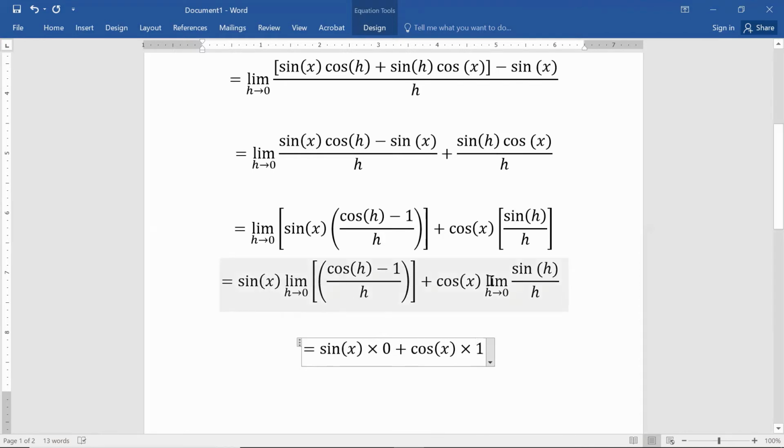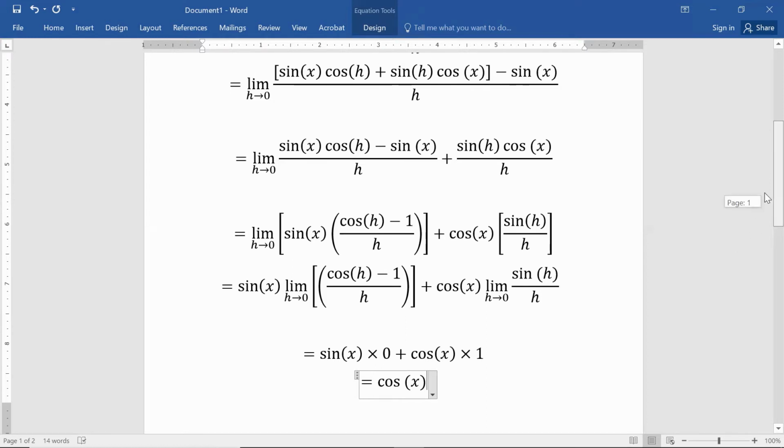So this is just sine times 0 plus cosine times 1, which is equal to cosine of x. Now that's a lot to do, right?